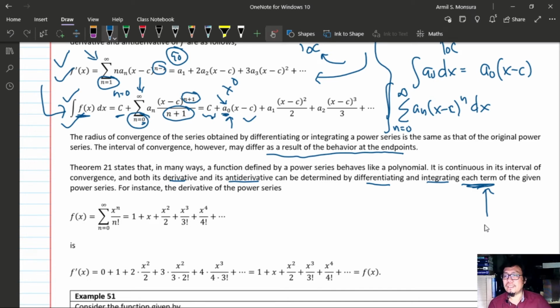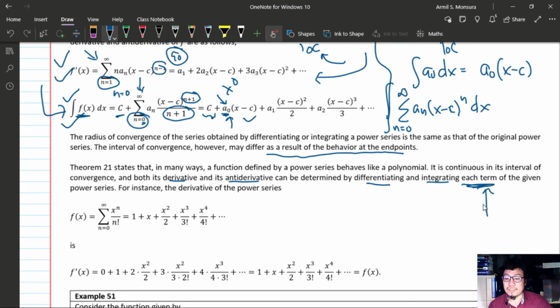What might complicate this is the fact that we would like to write a more general nth term, an expression describing the nth term of the integral and the derivative.